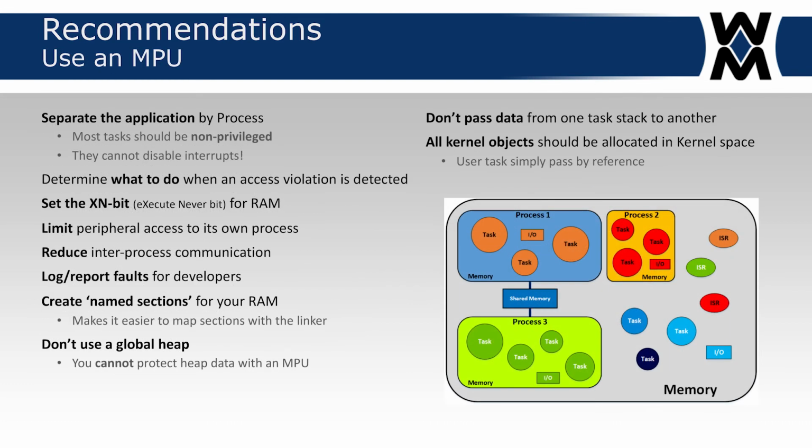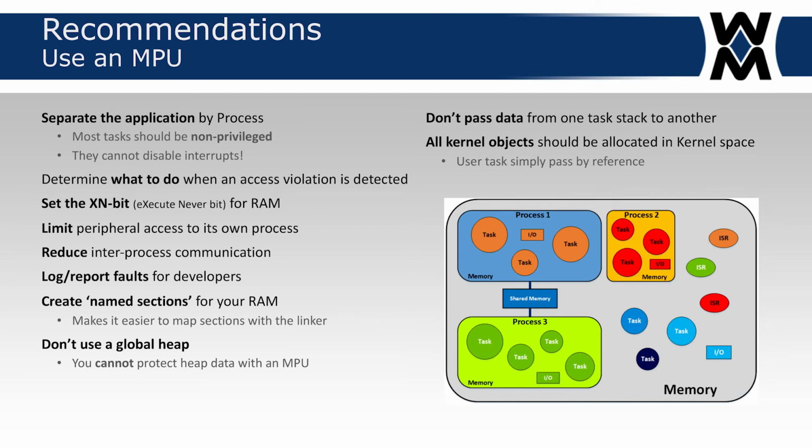So again, using the MPU, I highly recommend that any application from now on, if you have an MPU, memory protection unit, on your processor, use it. It makes your design a little bit more complicated, in some cases a lot more complicated. And the complexity is not really the use of the MPU. The complexity is in setting up these memory areas and working with linker scripts that specify how memory is laid out.